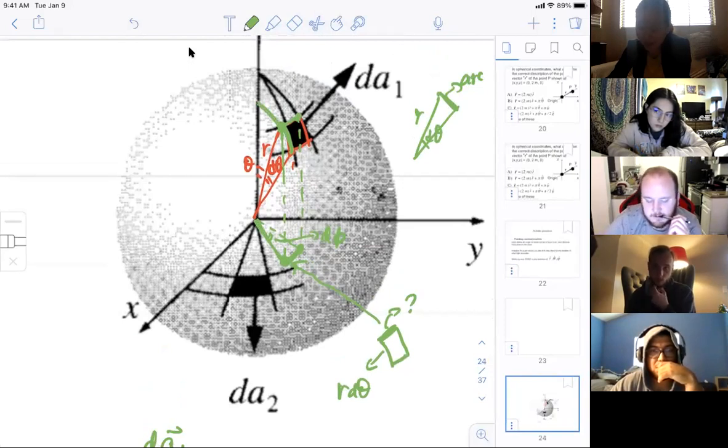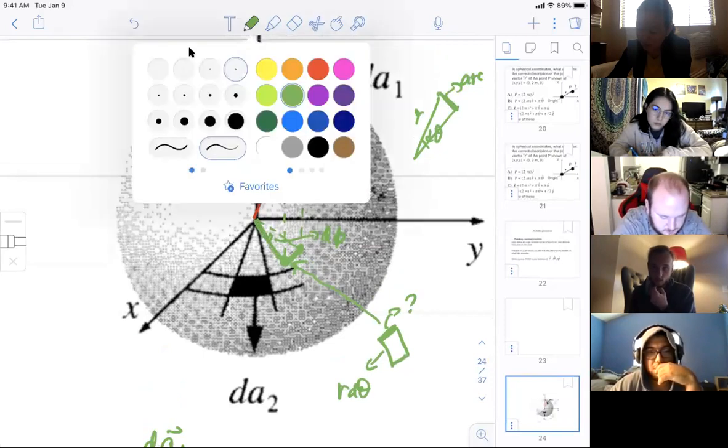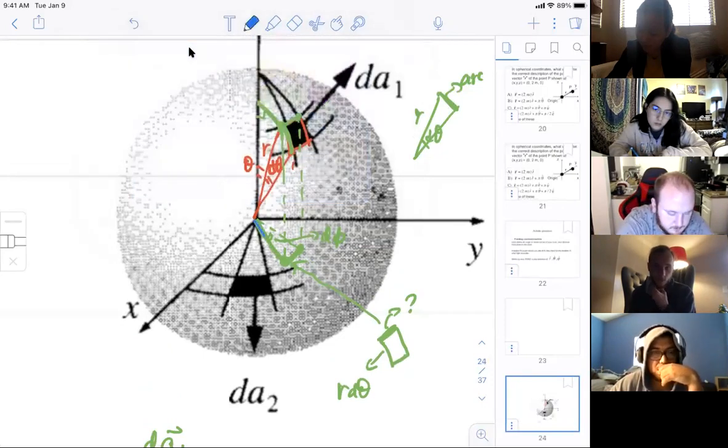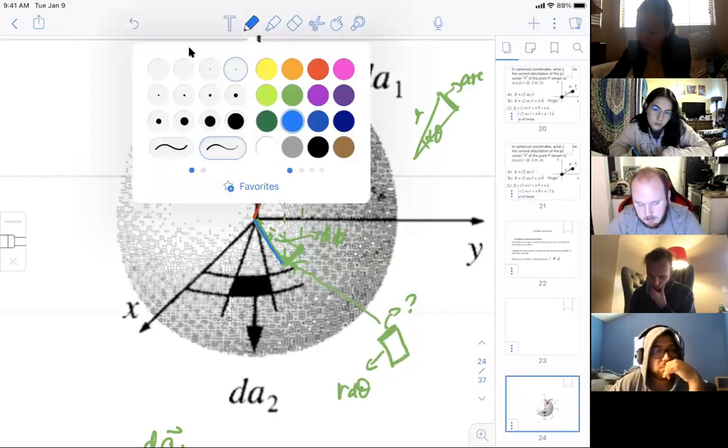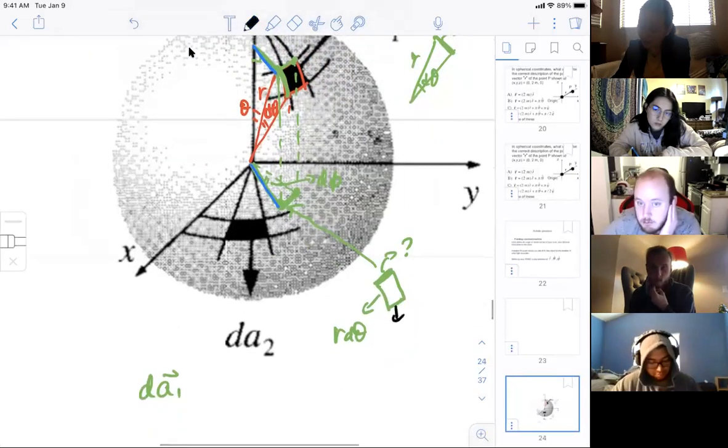Yes, r sine theta, excellent. This is a 90-degree angle, and you can see these lengths, using a different color, this blue length is the same as this, which is r sine theta. So I found the other one is r sine theta times d phi.